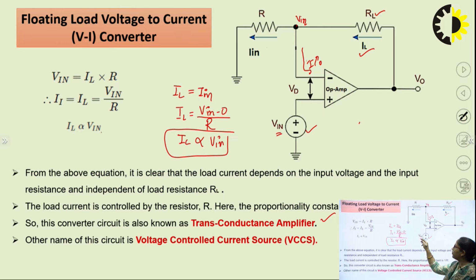We are applying voltage at the input and we are getting current at the output. So, how can we name this circuit? We can name this circuit as V2I converter, floating load V2I converter, transconductance amplifier, or voltage controlled current source amplifier. So, this is about the floating load V2I converter, where the load is not connected to the ground terminal.